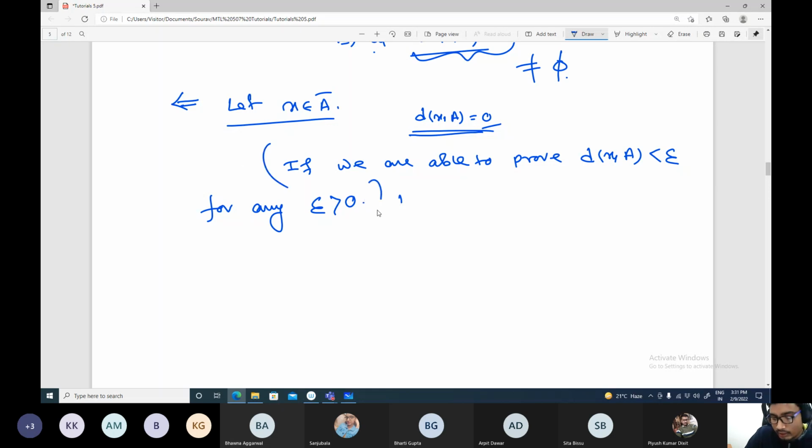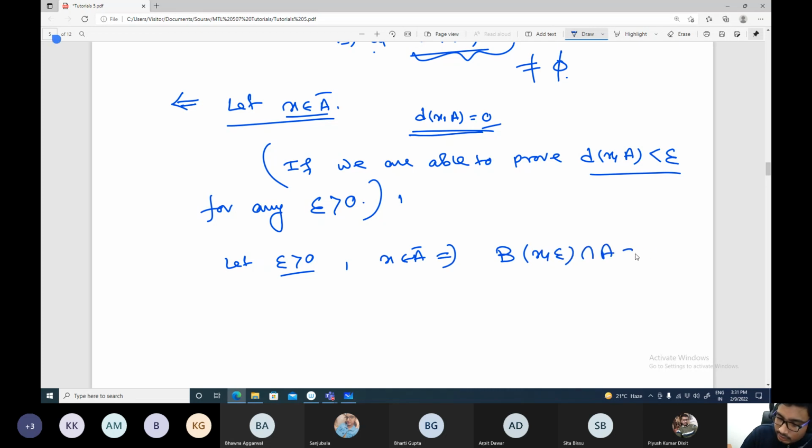So do the same thing. Let epsilon be positive. Now x belongs to A closure implies B of x comma epsilon intersection A is non-empty.